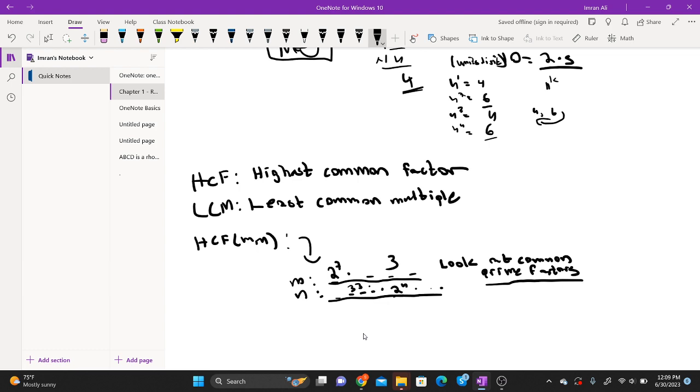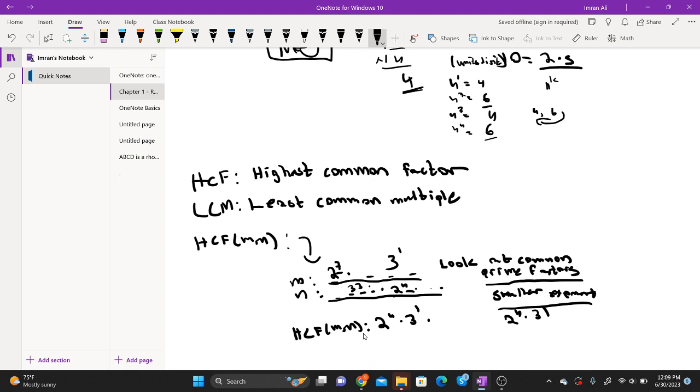We only care about the common prime ones, and then our HCF is just going to be the one with the smaller exponent. In this case, 2 to the 7 and 2 to the 4: 2 to the 4 is the smaller one. In this case, 3 to the 1 is smaller. That's just an example.